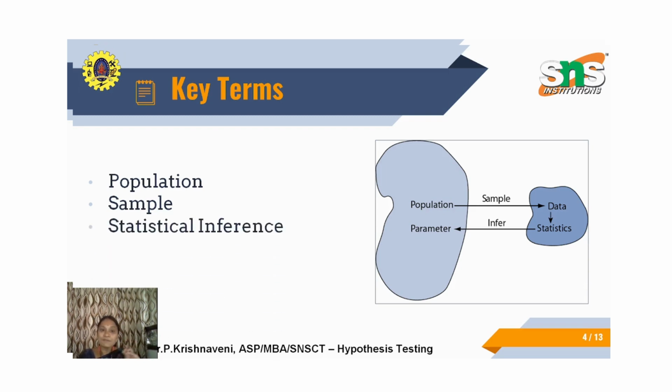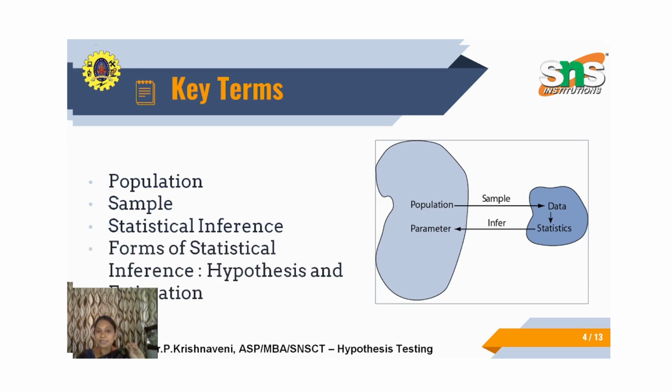Statistical inference obviously helps me to make important decisions, and we should have some parameters. Normally we have statistical inference based on hypothesis and estimation. Hypothesis means we have an objective, and with that objective we have some symptoms, and I want to check whether these symptoms are related to this or not.